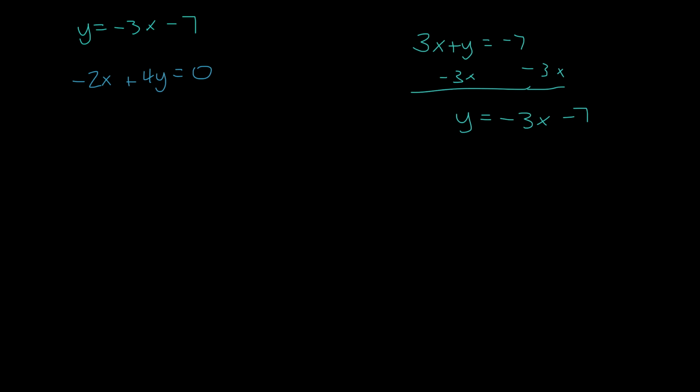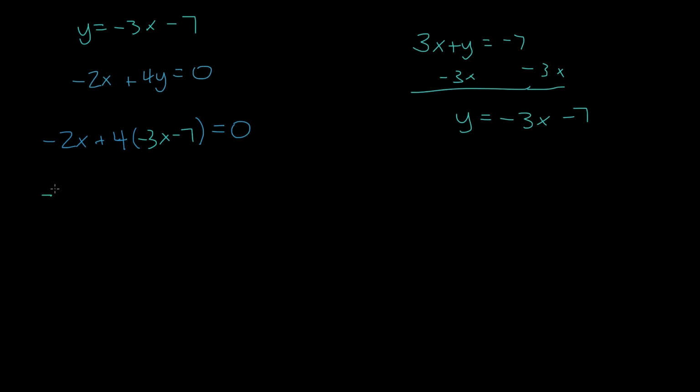So we're starting off with minus 2x plus 4 times y, which we said we're going to sub in negative 3x minus 7, and that's going to be equal to 0. And so now that we have this equation, we're going to go ahead and solve for x.